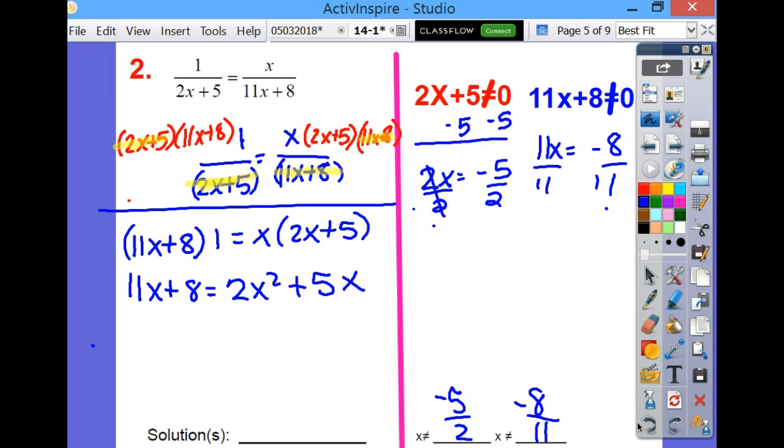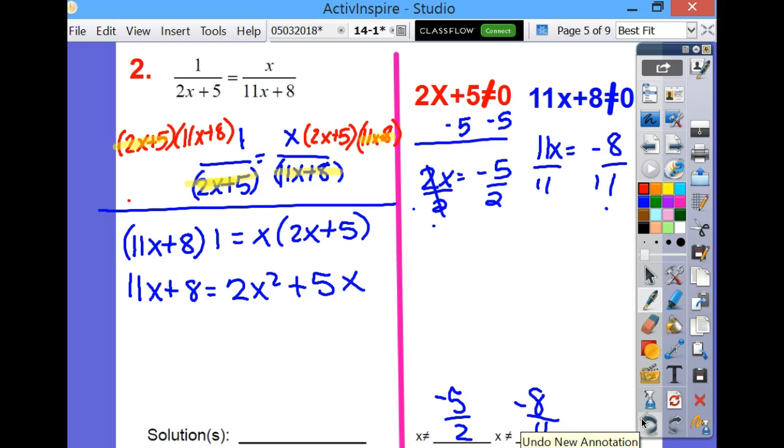In order to solve quadratic equations, they have to be equal to 0 so that you can factor them. Have you maybe heard me say that 24 times? In order to solve a quadratic equation, it has to be equal to 0. That doesn't mean just stick an equal to 0 out on the end.